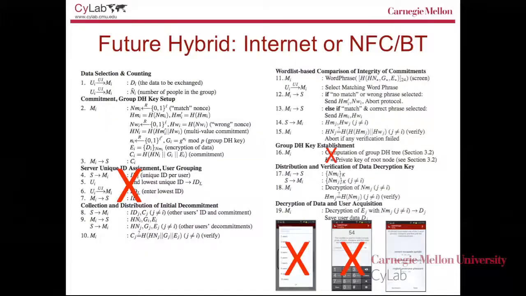If we're using NFC, we know we have two users. We don't need to select from a list. We can avoid the grouping because we know the channel we're on is our only group. And then there's massaging of the protocol. Some parts can be removed, and perhaps there are more. So this is something we're thinking about.